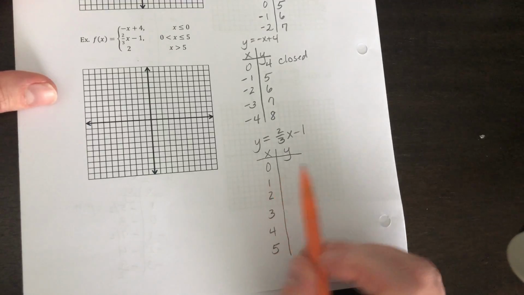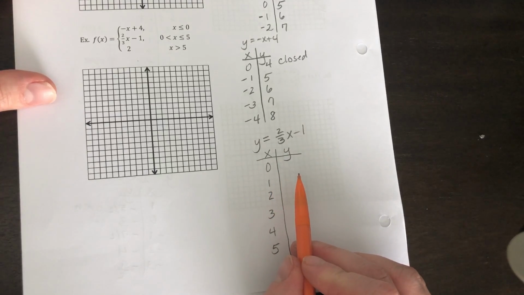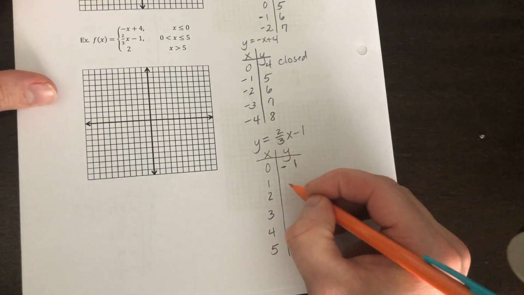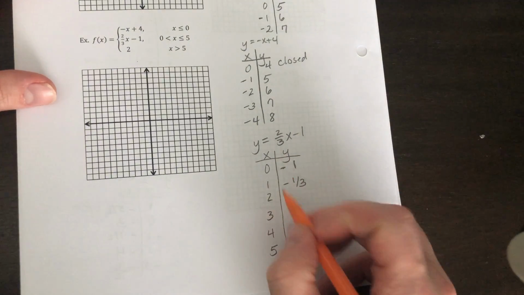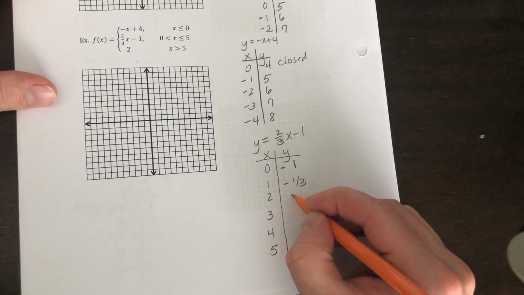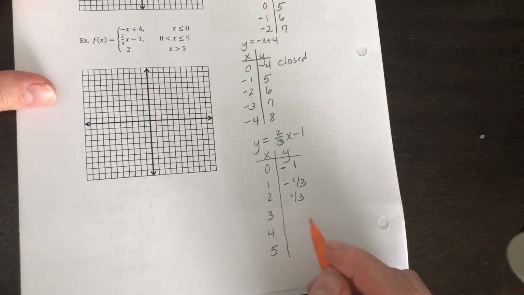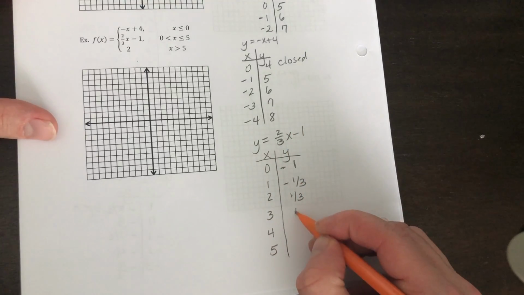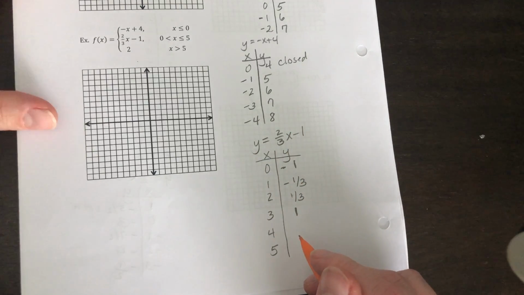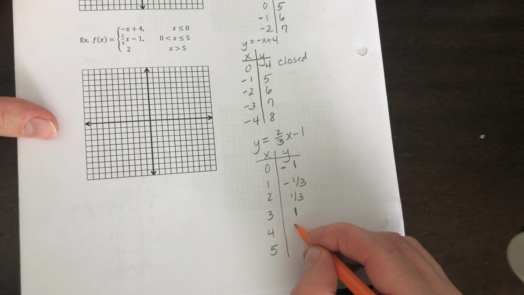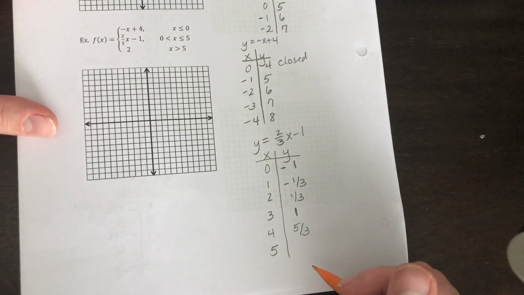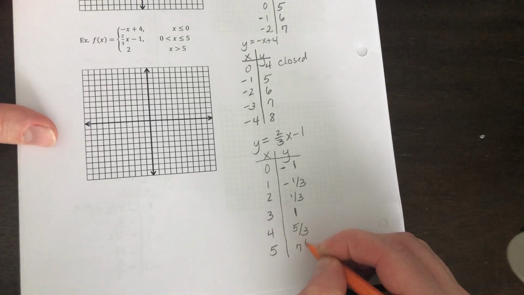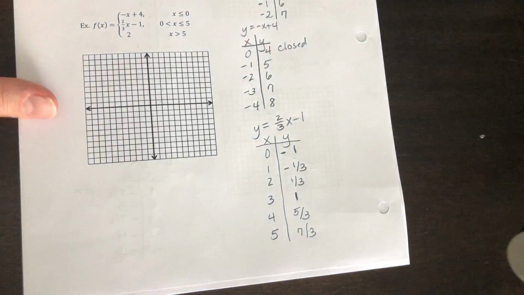If I pick a 0, it'll be negative 1. 2/3 minus 1 is negative 1/3. 4/3 minus 1 is 1/3. 6/3 is 2, so it should be 1. Then 5/3. And then 10/3 minus 1 is 7/3.